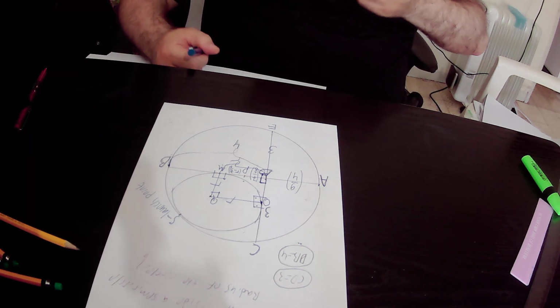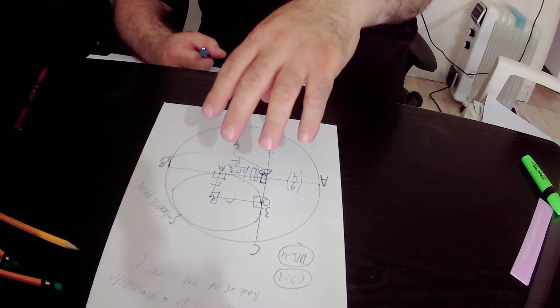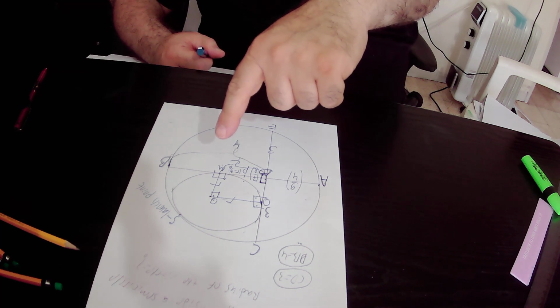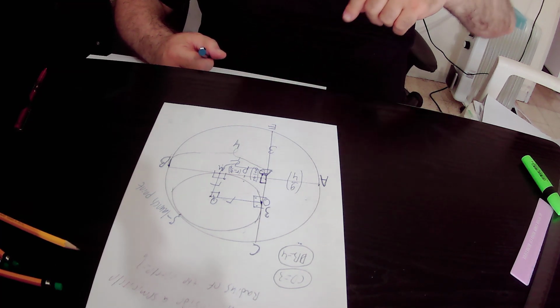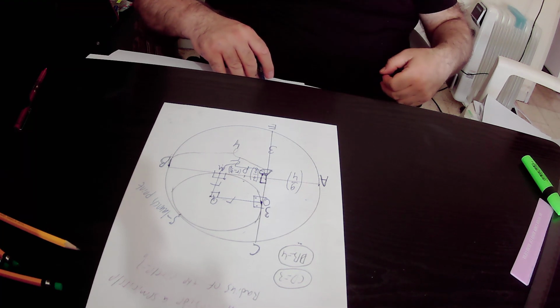The small circle is located inside the big circle, and those two circles are touching each other internally at point S. So this kind of launch between the two circles is defined as internal launch.